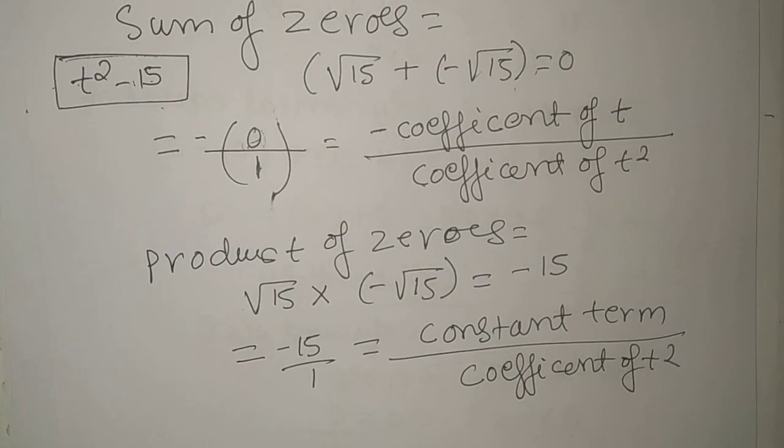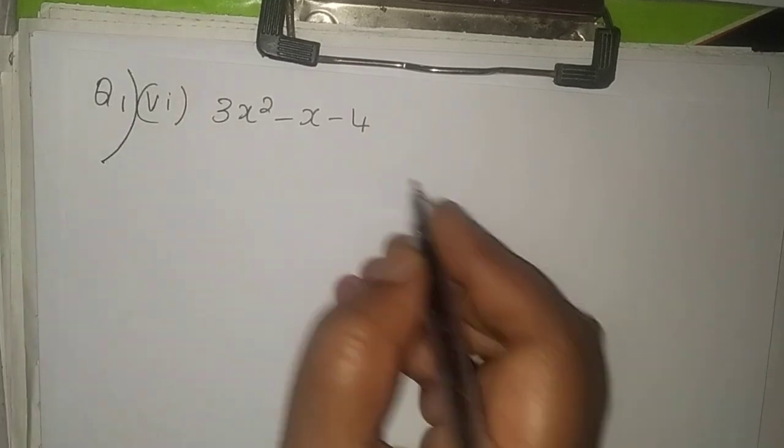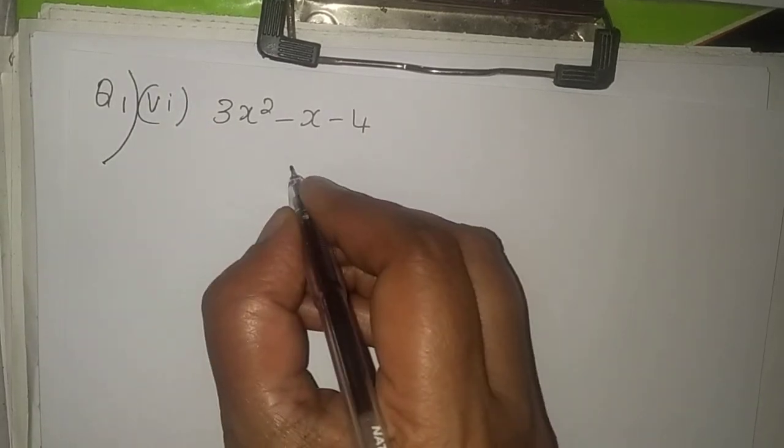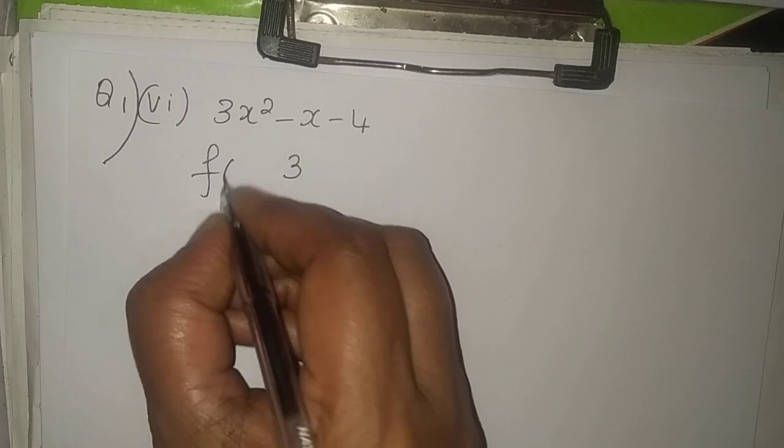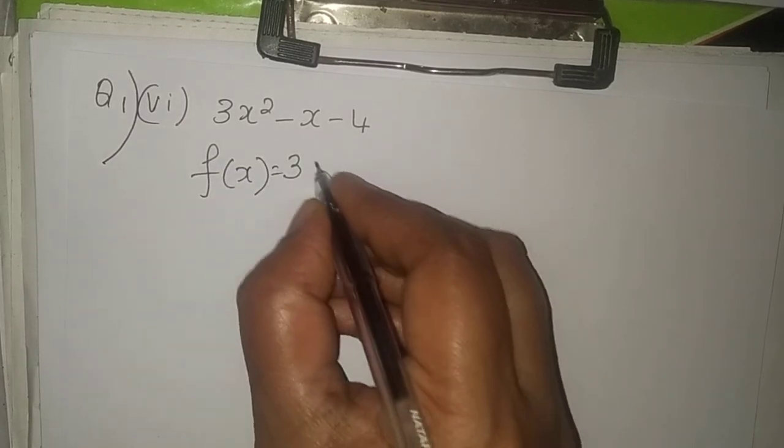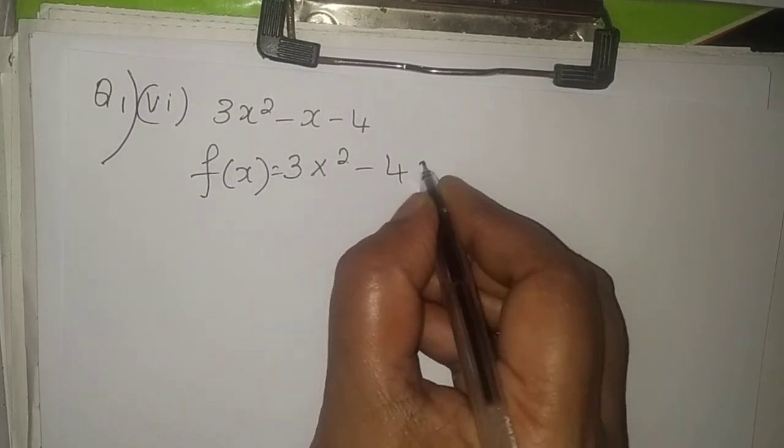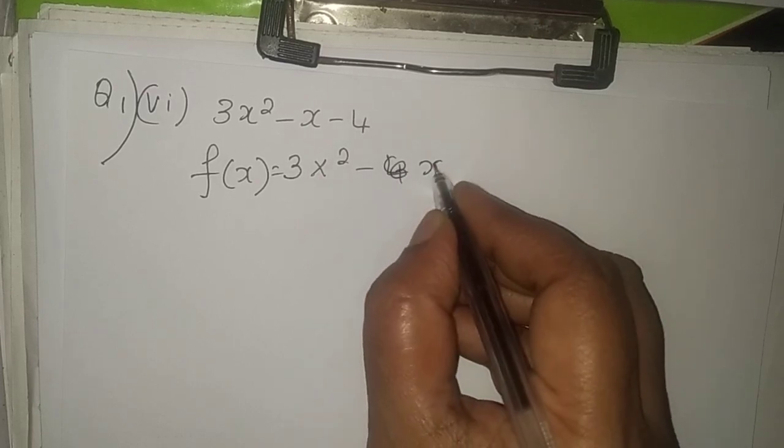We move on to the sixth one, that is the last problem in this exercise. So the sixth is given: f of x is equal to 3x square minus x minus 4.